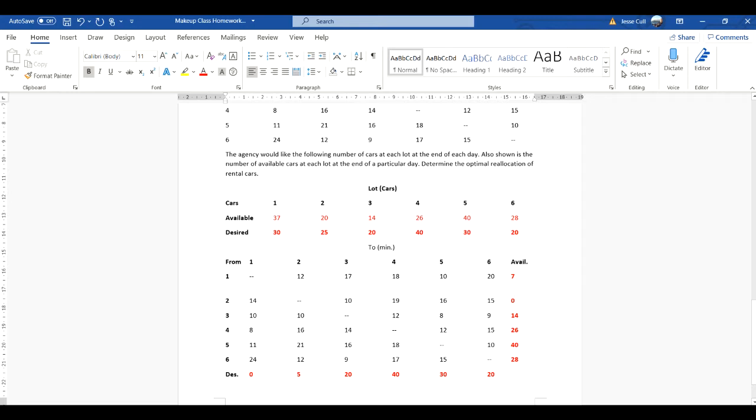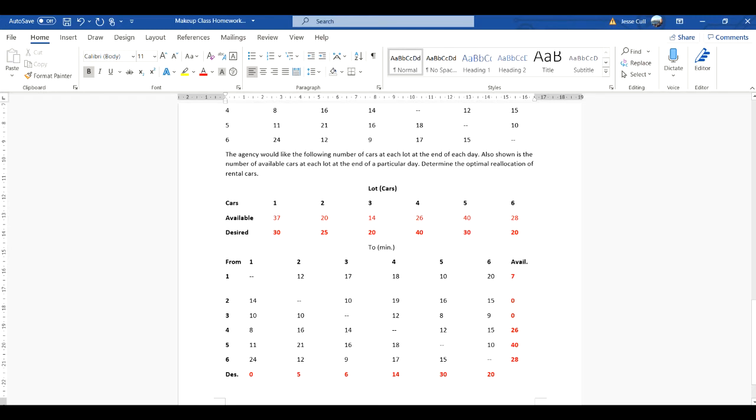Go to number 3, they want 20, they have 14. So supply is 0. They cannot give anything, but they do want 6. Number 4, we have 40 desired, but 26 available.